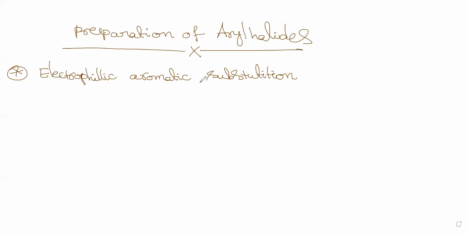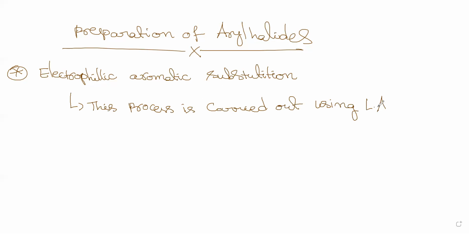So how do we do that? This process is carried out using Lewis acids. What are Lewis acids? Lewis acids are like FeCl3, AlCl3, FeBr3. By the way, what is a Lewis acid?